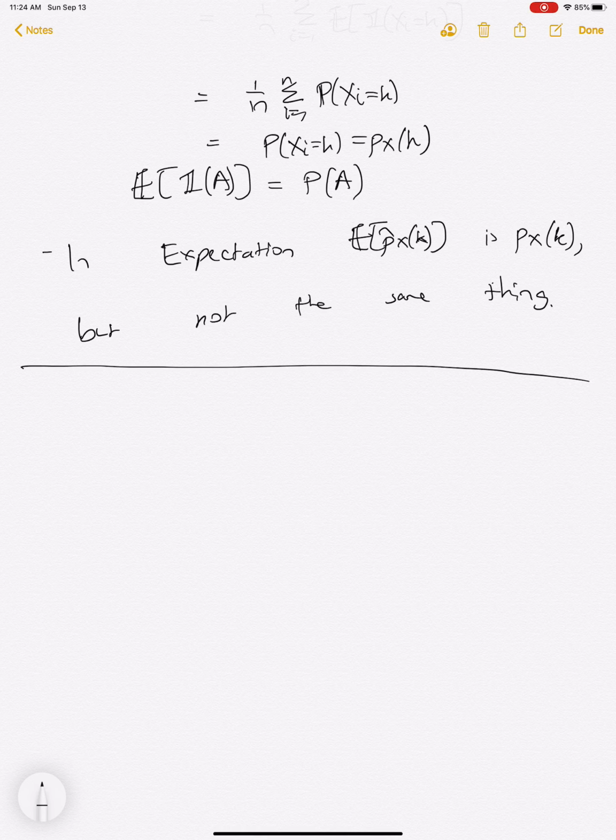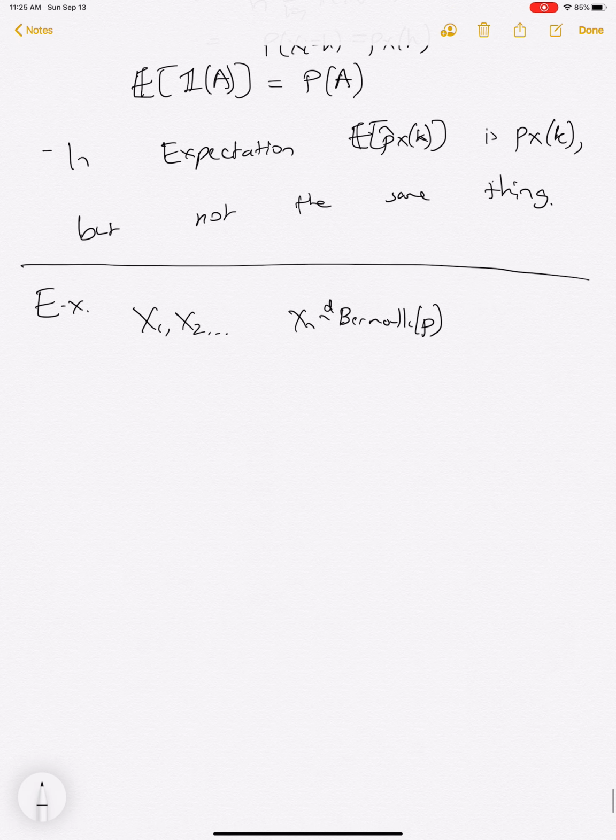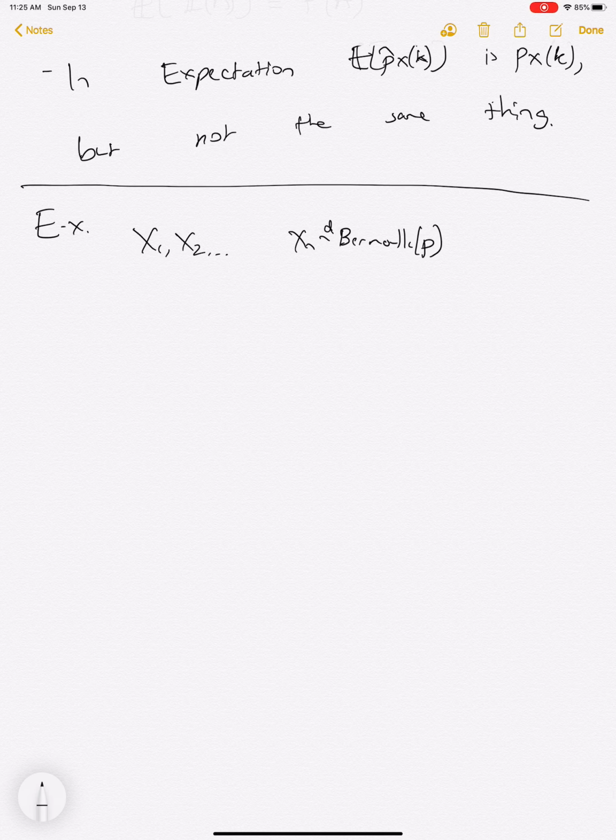So now let's see how this is potentially useful in some examples. We've worked out what the sample PMF is in that Netflix example. We're going to return to that later, but I talked about another example earlier. So we'll go back to a nice simple example, which is x1 through to xn are Bernoulli p and independent.